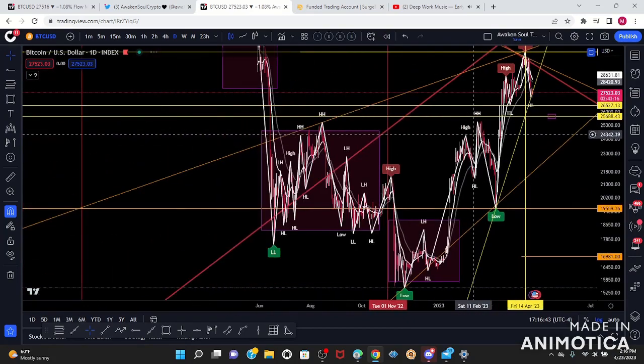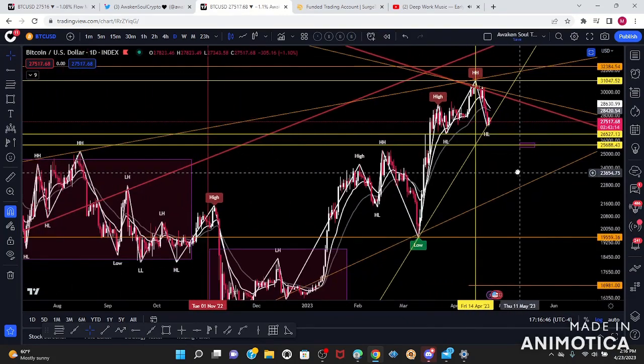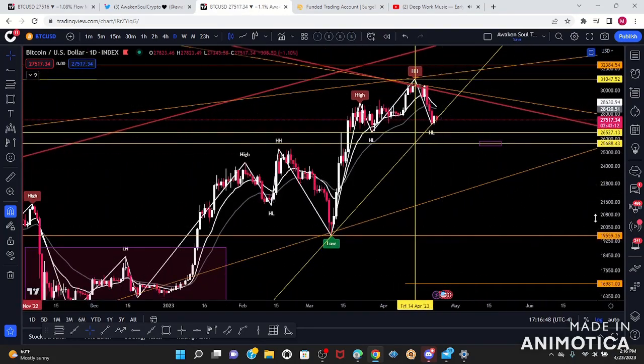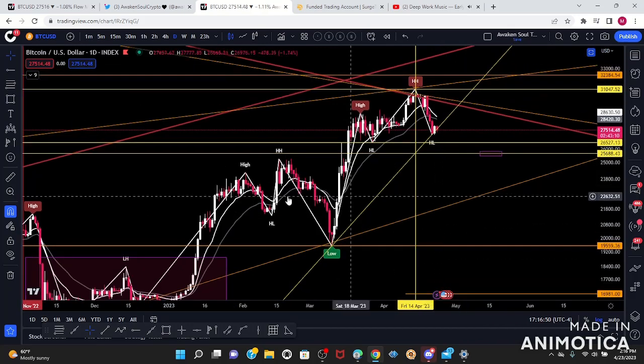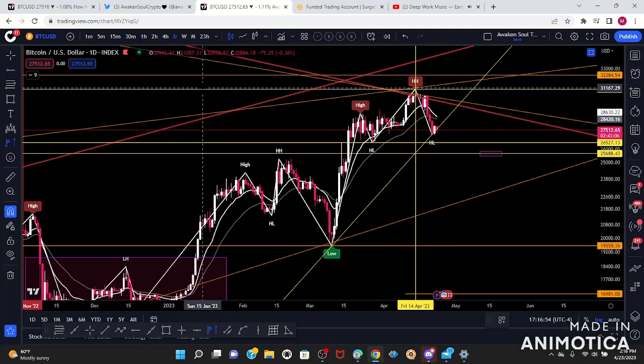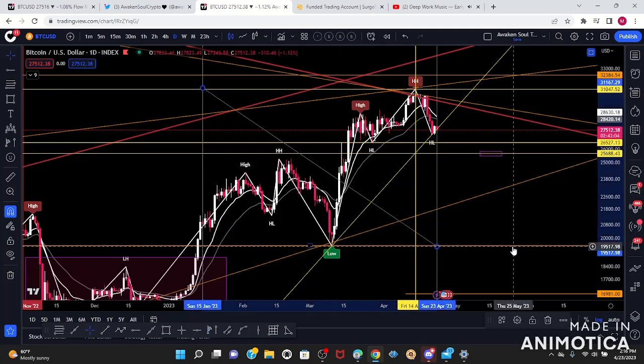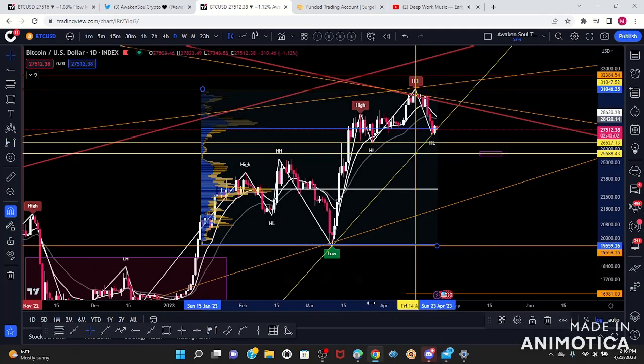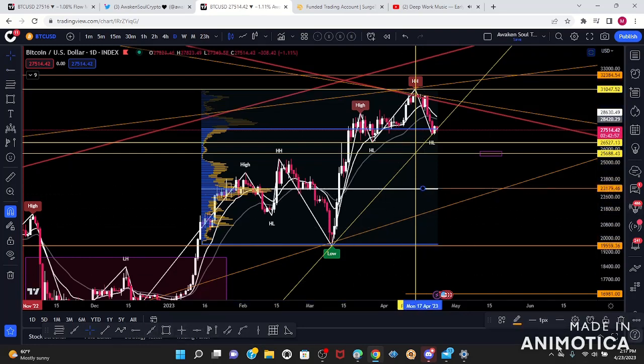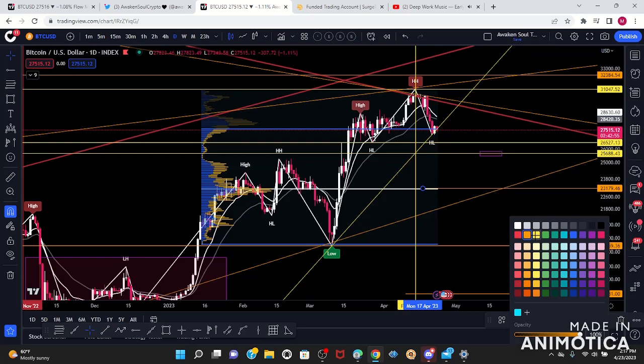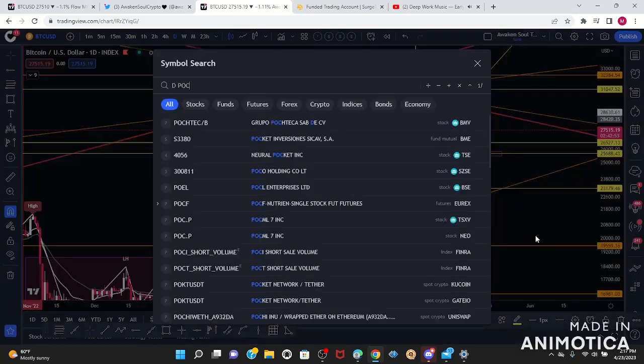In our daily, I'm going to concentrate on this section here. So I'm going to go from this high to this low, and I have my daily POC here. Daily POC.